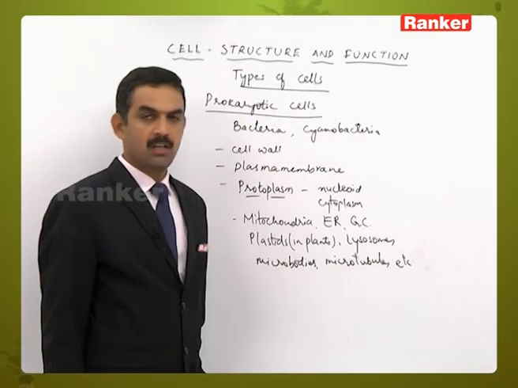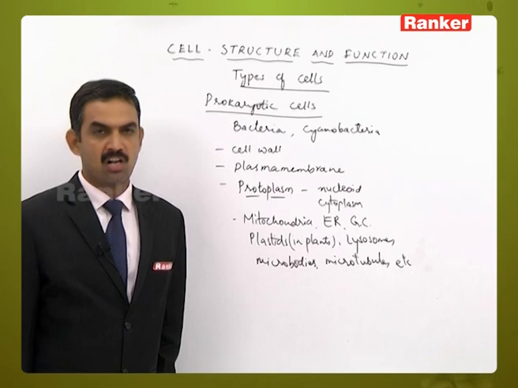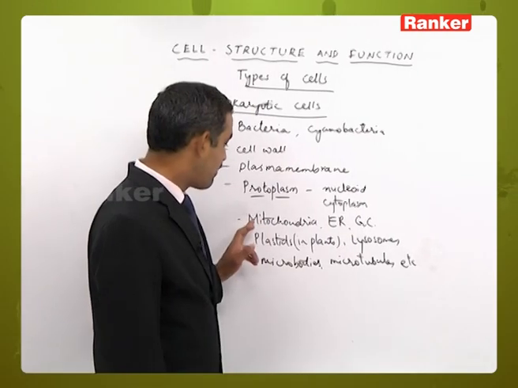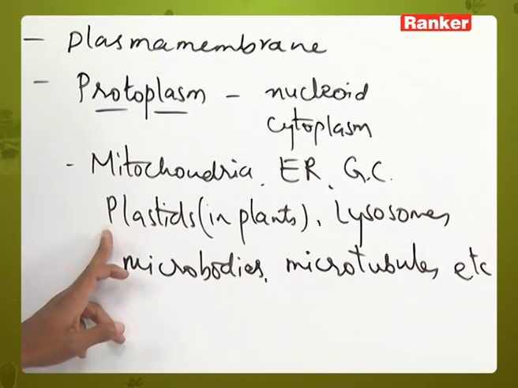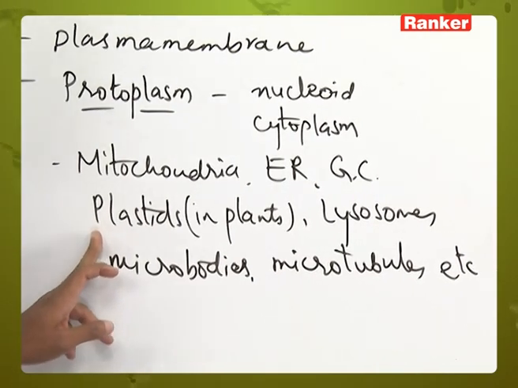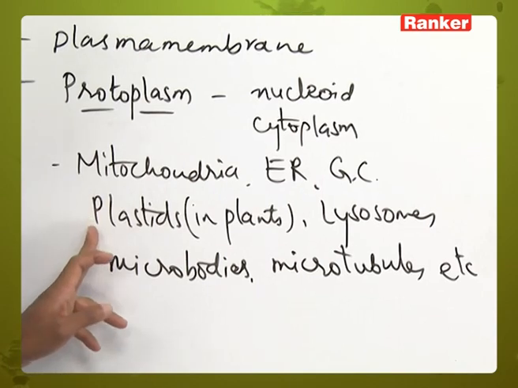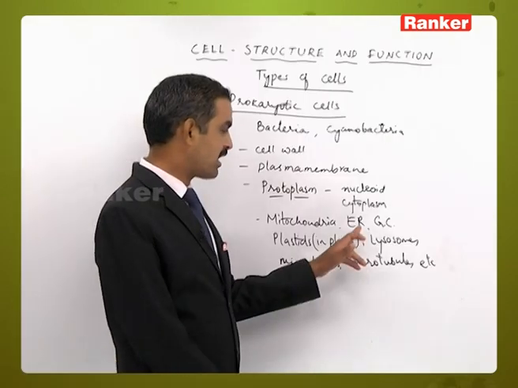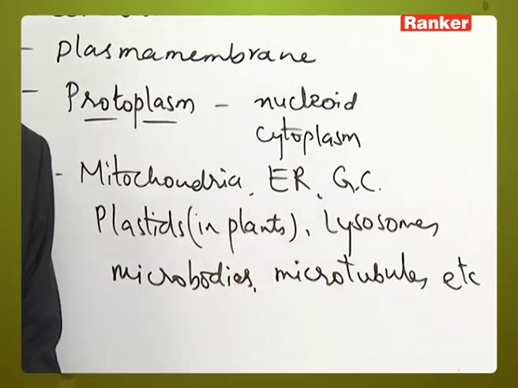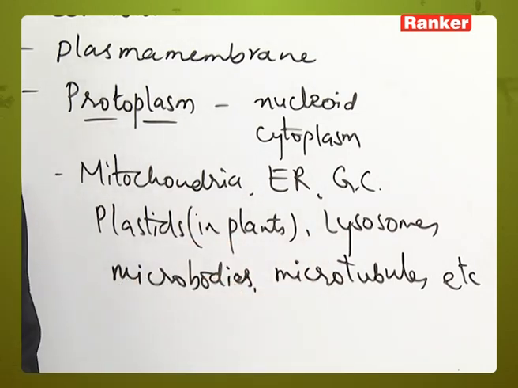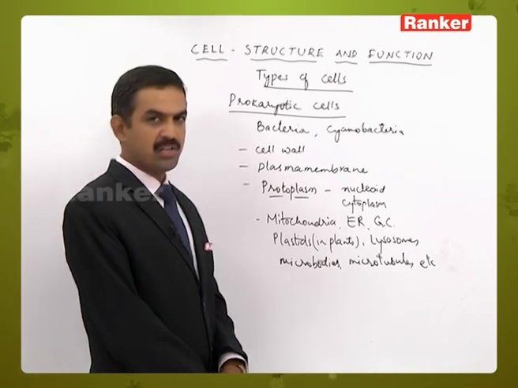We can say single membrane units and also double membrane units. Double membrane units are mitochondria and plastids, that means they are surrounded by two unit membranes as protective structures. Single unit membrane structures are endoplasmic reticulum, Golgi complex, lysosomes, microbodies, microtubules, etc. All these structures are also absent in the prokaryotic cells.